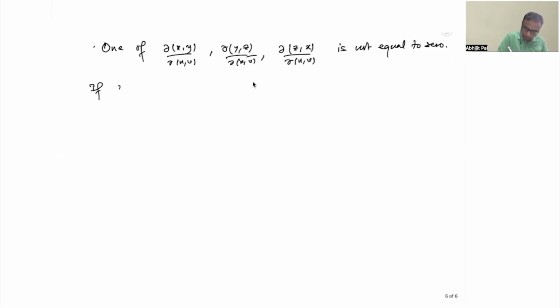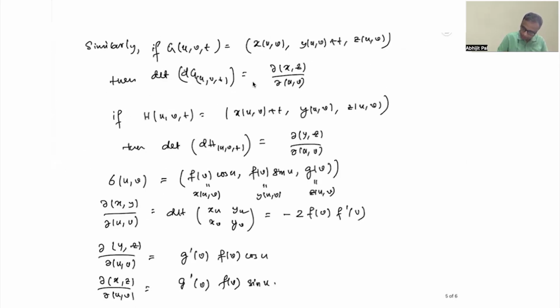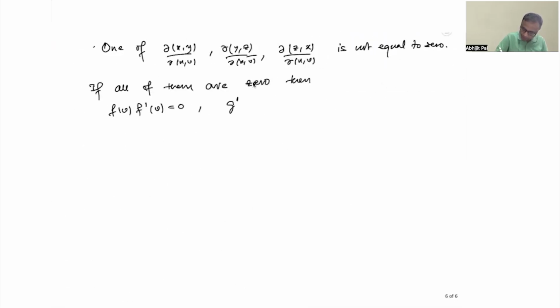So if all of them are 0, then f(v) times f prime(v) is equal to 0, g prime(v) f(v) cos u is equal to 0, and g prime(v) f(v) sin u is equal to 0.